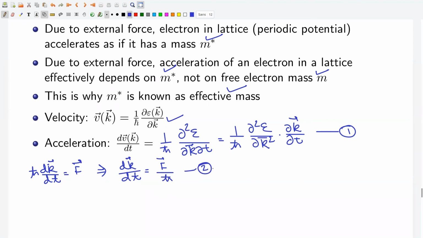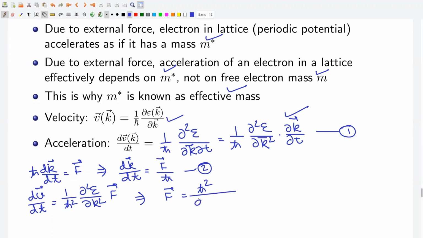Now replacing 2 in 1, we can write dv/dt is equal to 1 by ħ² ∂²E/∂k² times the external force, which implies that the external force is equal to ħ² divided by ∂²E/∂k² times dv/dt.